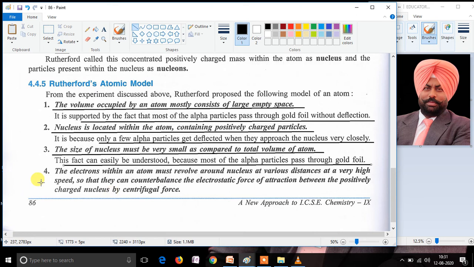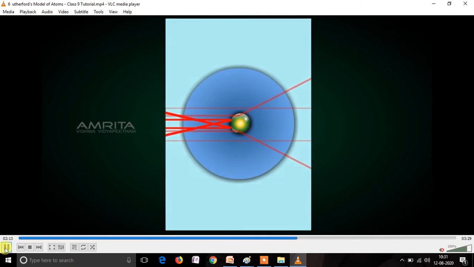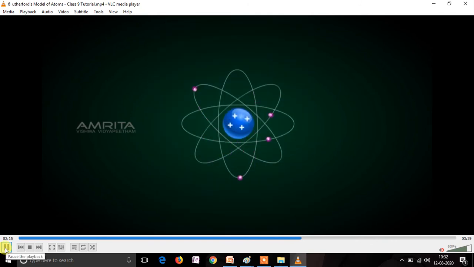The fourth conclusion says that the electrons within the atom must revolve around the nucleus at various distances at a very high speed. This means that the electrons must be revolving in a definite path around the nucleus.